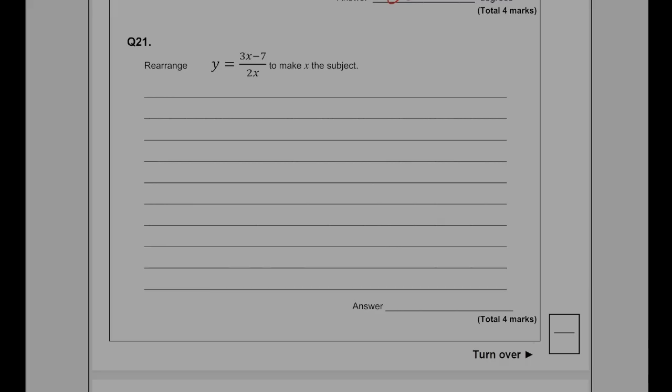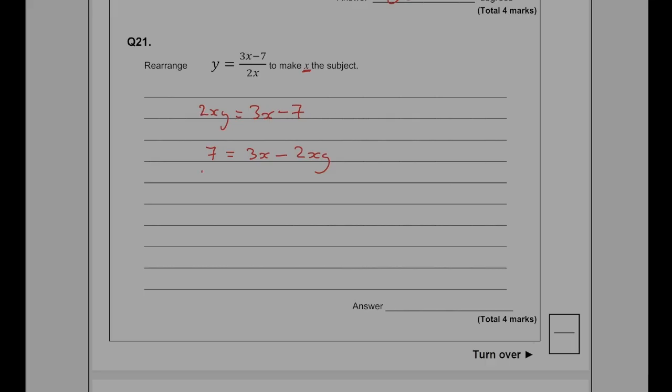Right, question 21. y is equal to 3x minus 7 over 2x. Make x the subject. So we've got x appearing twice. So our first thing is we're going to multiply through by 2x. So we're going to say that 2xy is going to be equal to 3x minus 7. Right, I am actually going to move my x's over to the right and my other parts over to the left, so that would give me 7 is equal to 3x minus 2xy.